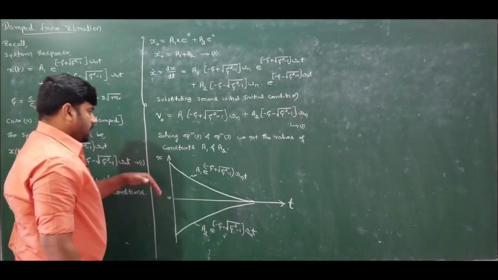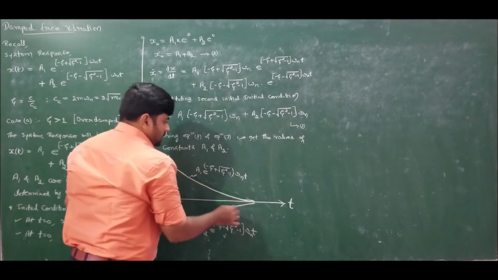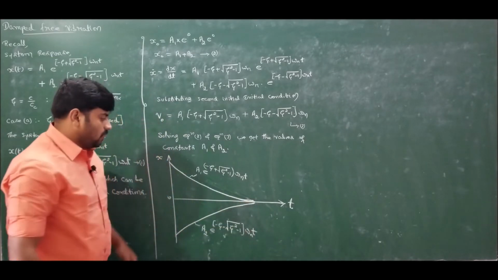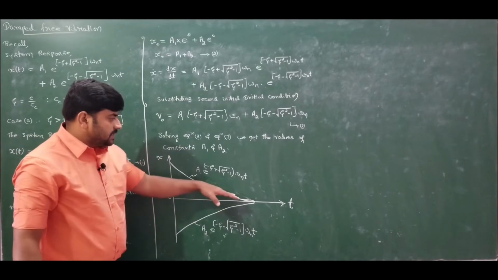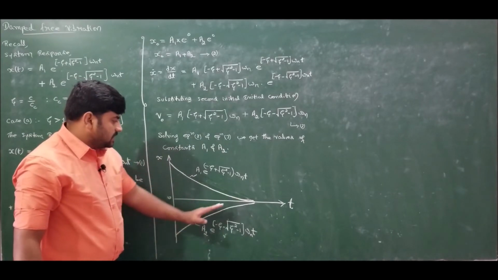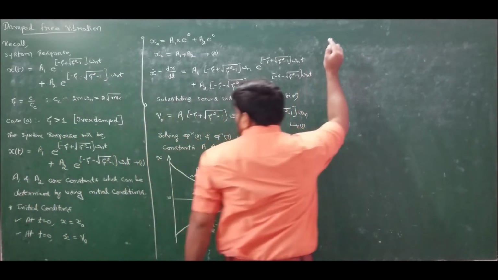So this is the system response curve for overdamped system, where the amplitude of vibration will approach 0 as time progresses in exponential manner. This is about overdamped system.